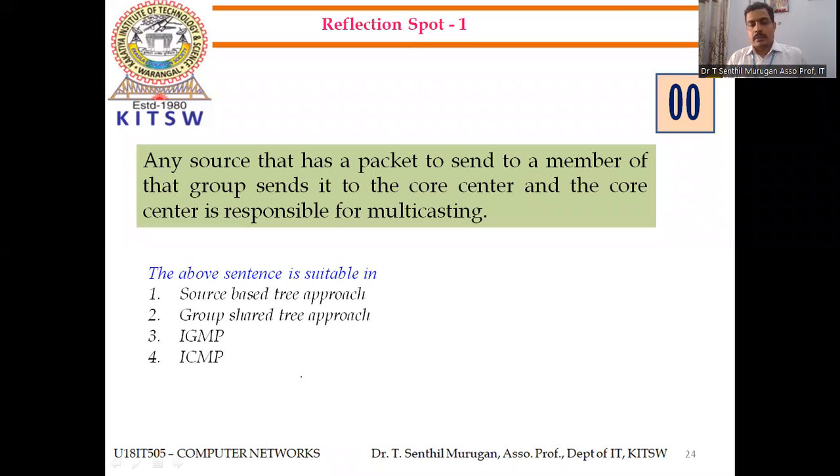The correct answer is the group shared tree approach. In a group, they choose the core center, and from the core center it delivers the message to all the members in the group. If you chose the correct answer, you proceed. Otherwise, read once again or watch the video.